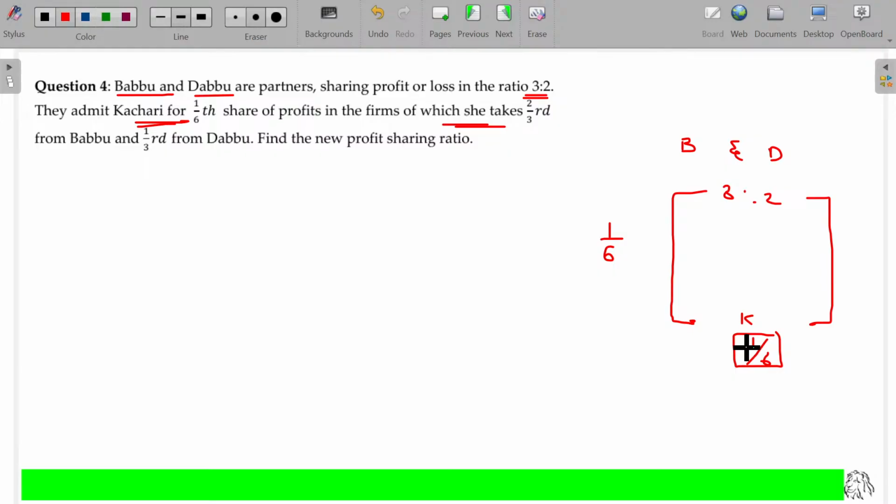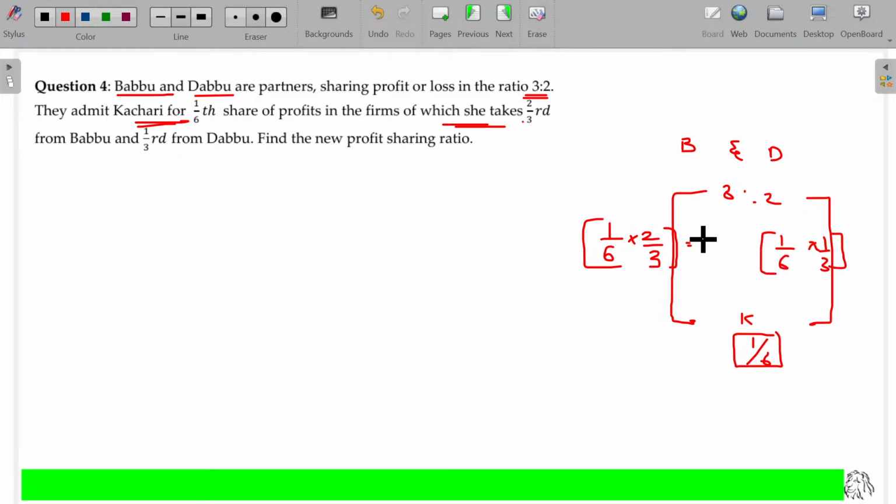If the firm's profit is 6 lakhs, I need to be given 1 lakh. How does he get that 1 lakh? 2/3 from B, 60,000 from B, and 33,000 from Dabu. So in my ratio, 2/3 I will get from B, and in my ratio, 1/3 I will get from D.